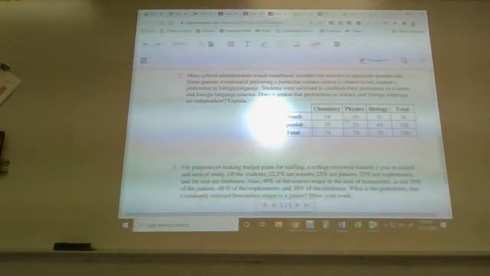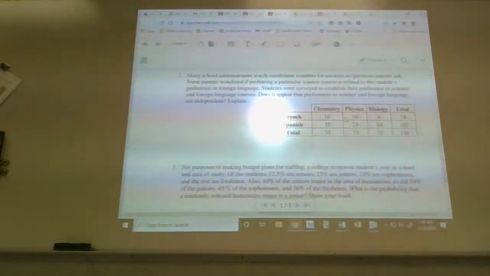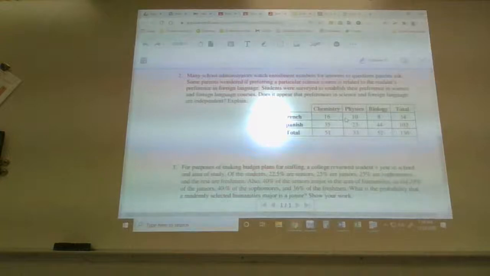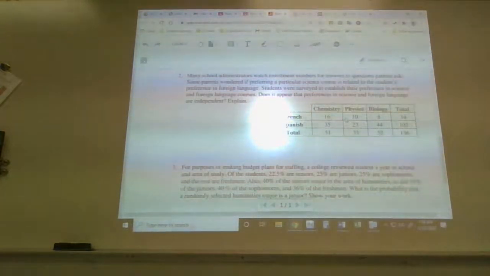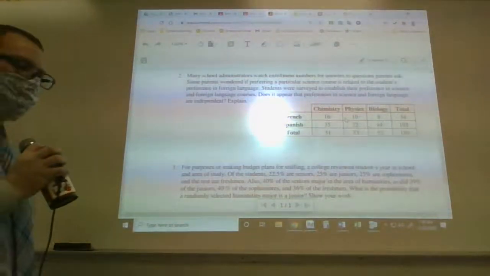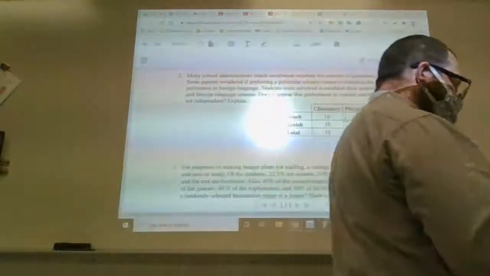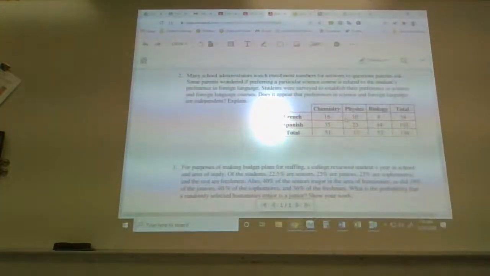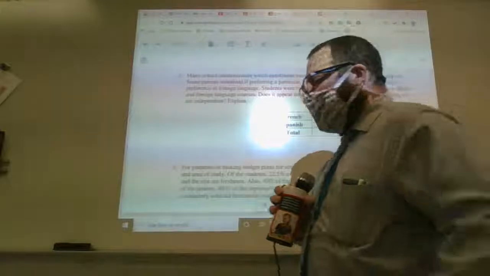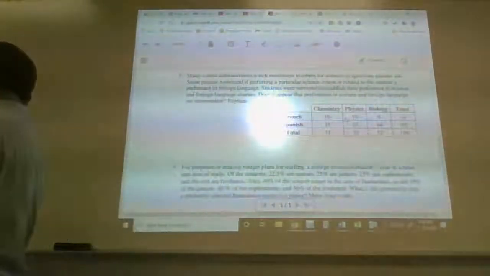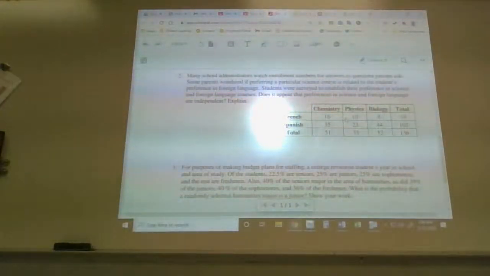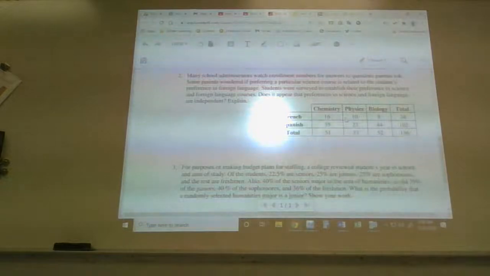French given chem. Actually, it's at the top of the page. I want the table. French given chem. Given that you are only looking at a group of chemistry students. Given that you have walked into a chemistry classroom and these students obviously are taking chemistry. Given all of that, the chances that they are taking French. That's what the question's asking.